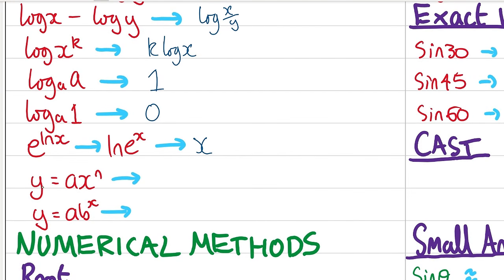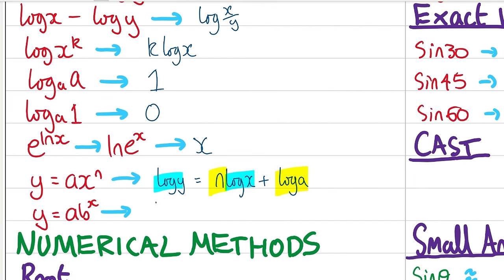When I have an exponential function like this, I could take logs of it and put it as a straight line. So in this case, I would write log of y, taking logs of both sides, and then splitting this up, will give me n log x plus log a, where log y is a variable, log x is a variable, n is the gradient, and log a is the intercept.